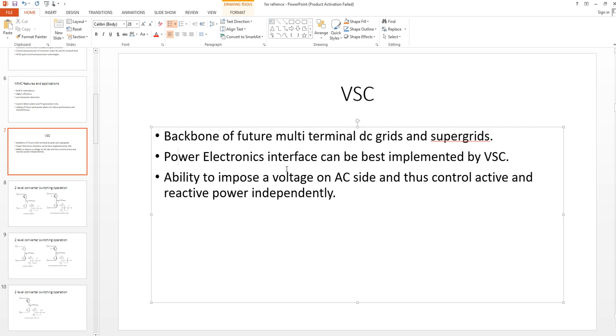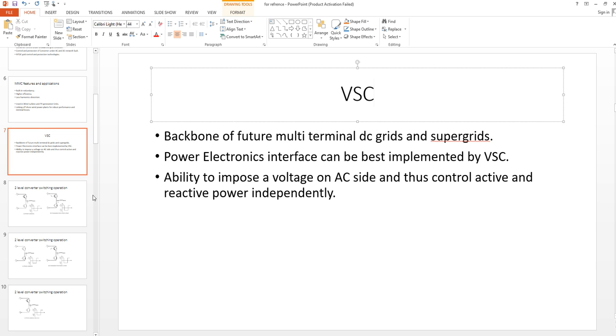The power electronic interface can be best implemented by voltage source converters, and it has the ability to impose voltage on the AC side, and thus it can control both active and reactive power independently. So that's why voltage source converters are very common nowadays.